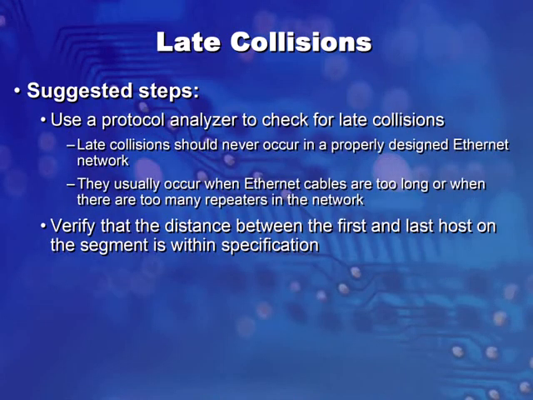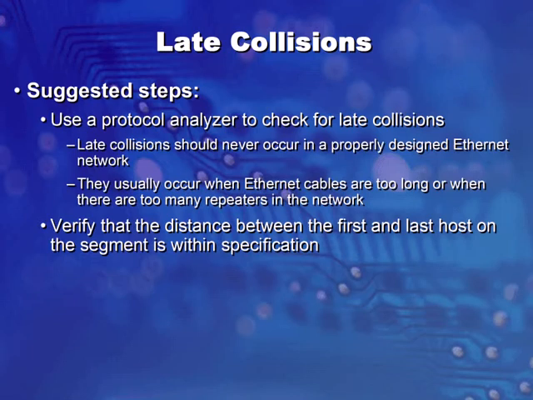Now, a late collision is a completely different scenario. A late collision is where two devices try talking, they don't hear any noise on the network, and then start talking thinking the network is clear. This is only going to happen if you have cable lengths that are too long. If the cable lengths are too long between the repeaters, this is where the late collisions show up.